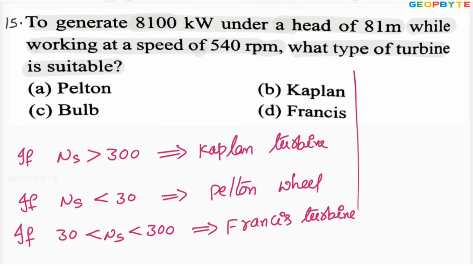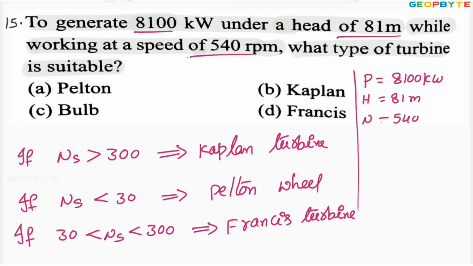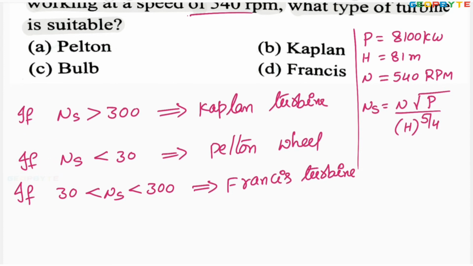Let me write the data given. Power P equal to 8100 kilowatts under a head of, the head H given 81 meters, working at a speed of, the speed N equal to 540 rpm. Then specific speed equal to what? N root P by H to the power 5 by 4.